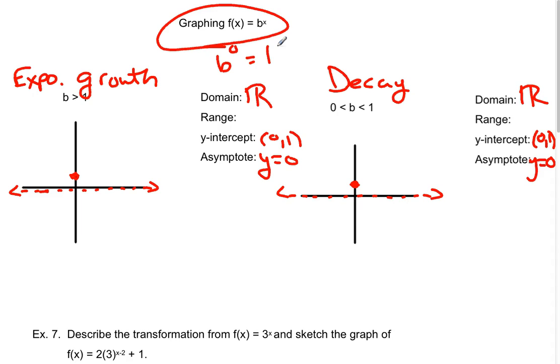And then the difference between these two, I said the ranges are the same. The difference between these two, a growth starts low. As I go left, it curves down towards this asymptote, and as I go right, it curves up. So that's exponential growth. If something is said to grow exponentially, it's curving up as you go to the right. And eventually, sometimes they don't curve as fast as this.